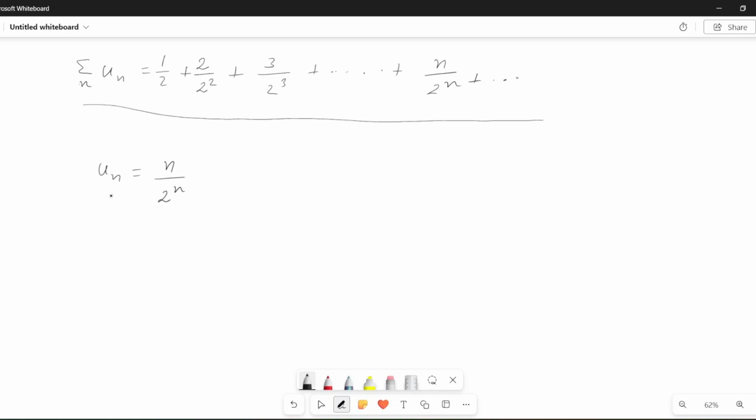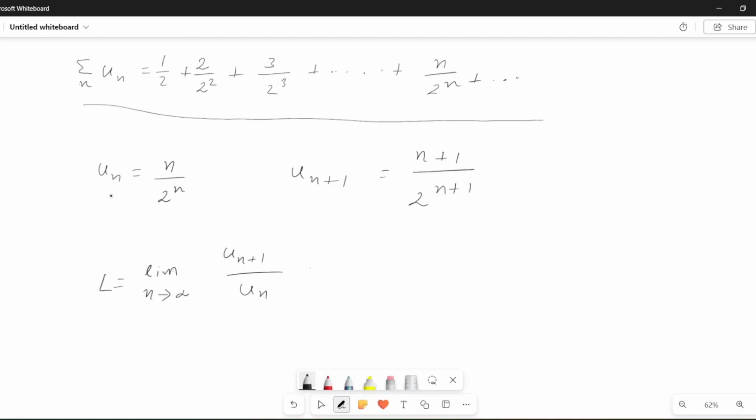So we can write u n plus 1 is equal to n plus 1 by 2 to the power n plus 1. Now we find the limit as n tends to infinity of u n plus 1 by un.